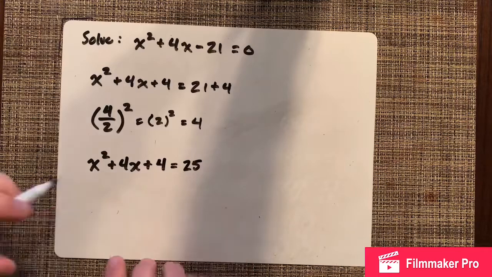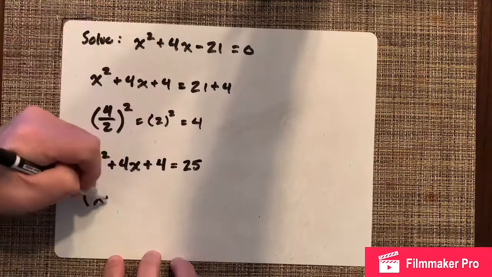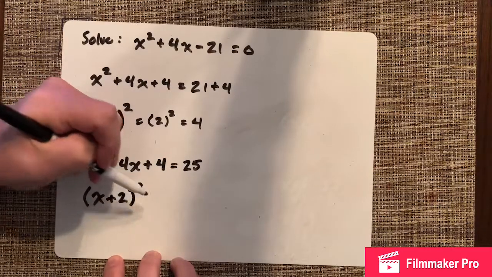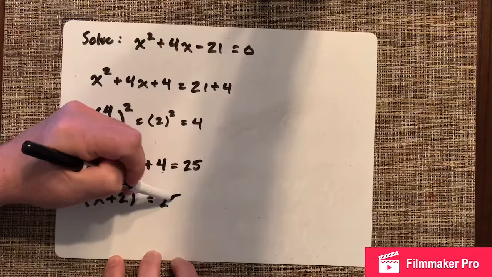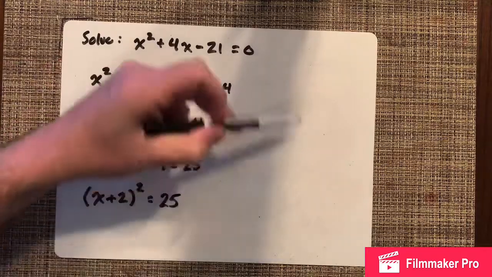Okay, this is now a perfect square, and it is x plus 2 squared equals 25. All right, so now I'm going to wait a few seconds. I'm going to let you go ahead and solve this, and then I'm going to solve it over here and knock it out.